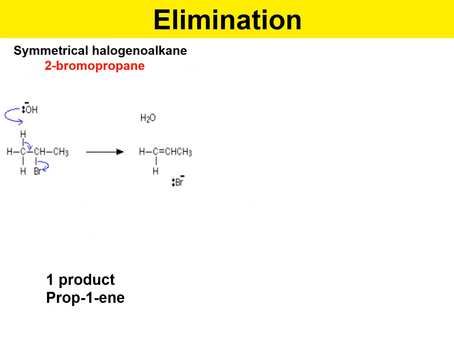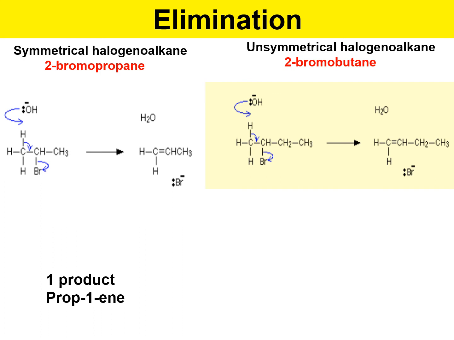When we look at an elimination reaction, we need to look at the halogenoalkane we are using. If it is symmetrical, and the example here is 2-bromopropane, we will get one product, propene. However, if we use an unsymmetrical halogenoalkane, the example here being 2-bromobutane, we will get more than one product.